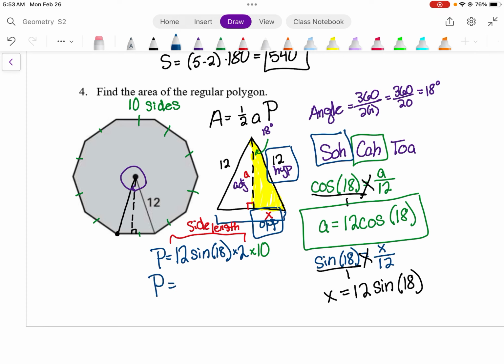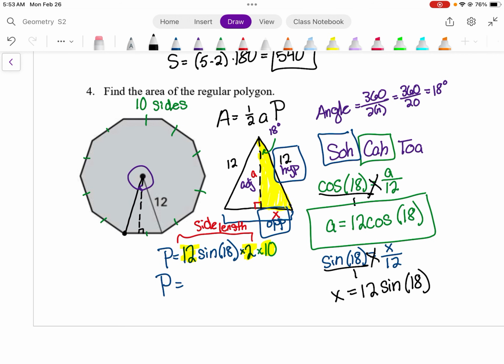And again, we don't want to type it into our calculator until we're plugging in that area formula. So we're just going to multiply these numbers we're not taking the sine of. 12 times 2 is 24. 24 times 10 is 240 units for our perimeter. And then we keep the sine of 18 there.